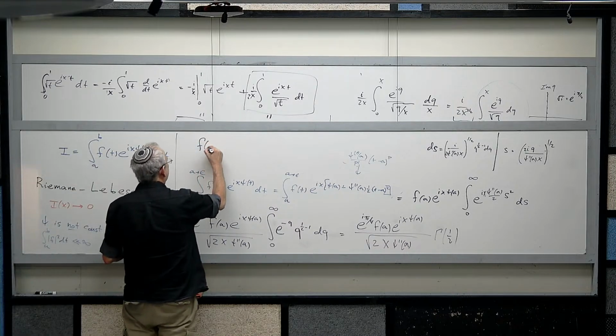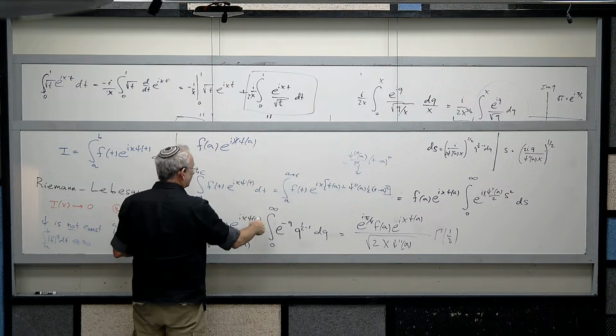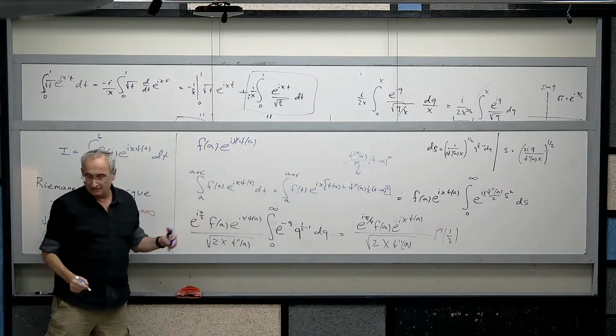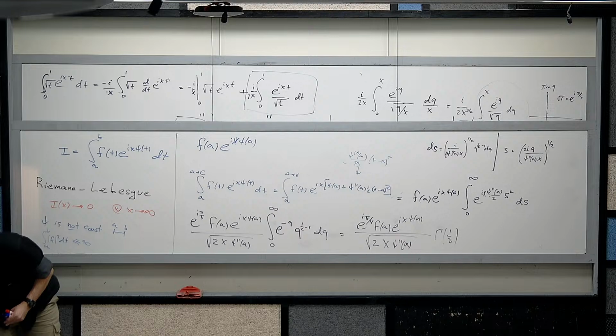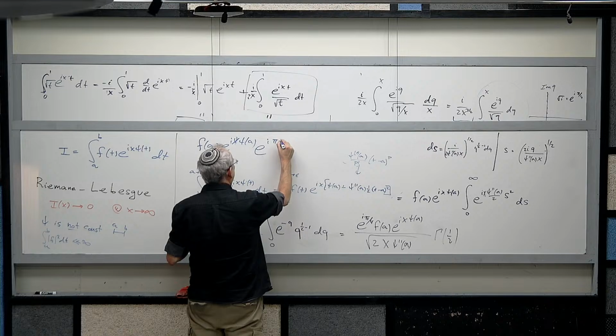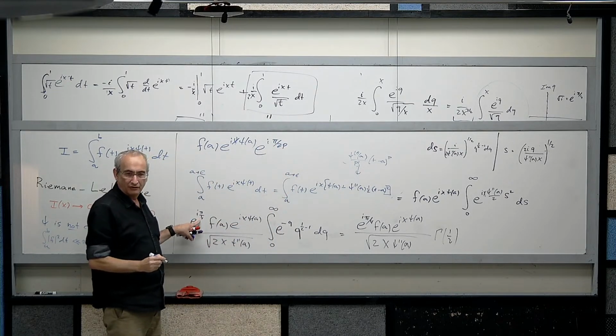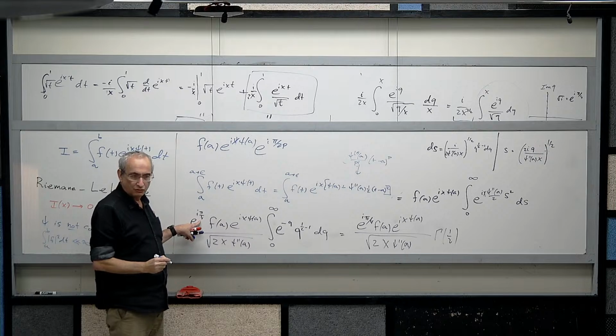So f of a e to the i x psi of a is of course independent of these considerations. And now they are writing e to the i pi over 2p, which is fine because we have 4 here, which is 2p.